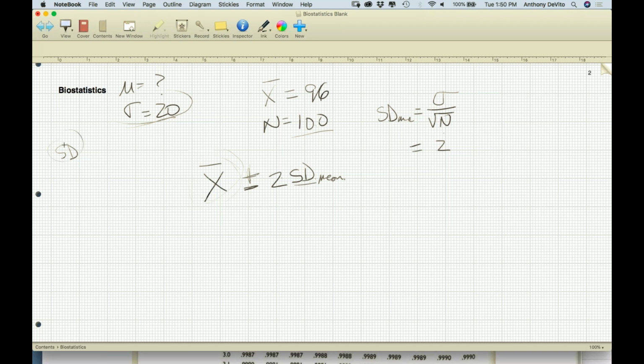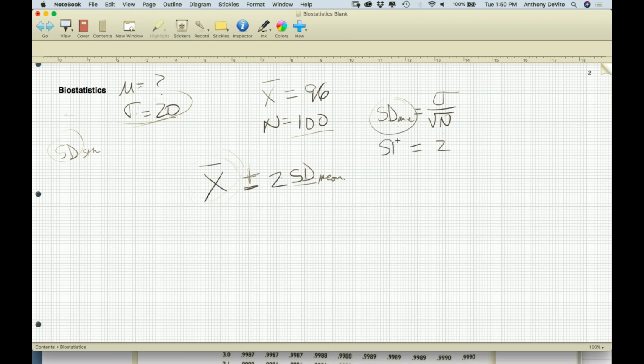When I say standard deviation, I could be talking about the standard deviation in a sample, or sigma, the standard deviation in the population. But here, if I took samples of size 100 over and over again and made a new distribution from all the different means I calculated from each of those samples, I'm going to give that standard deviation a special name.